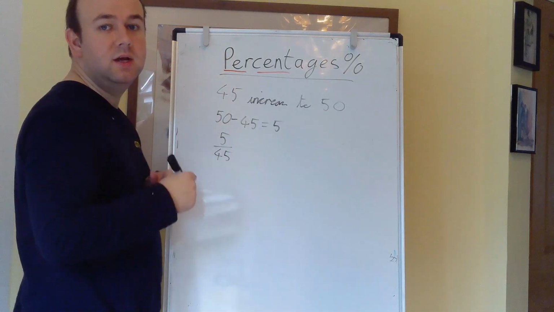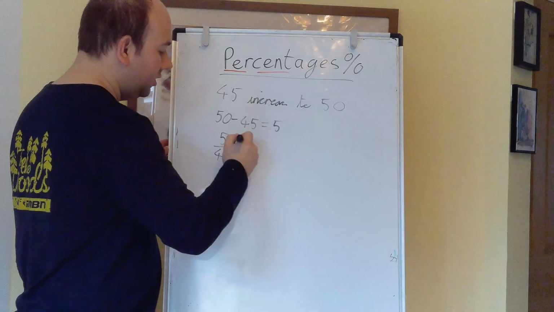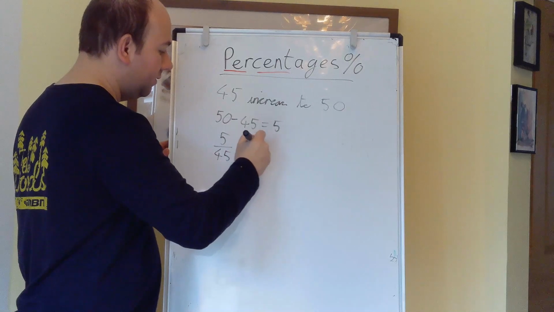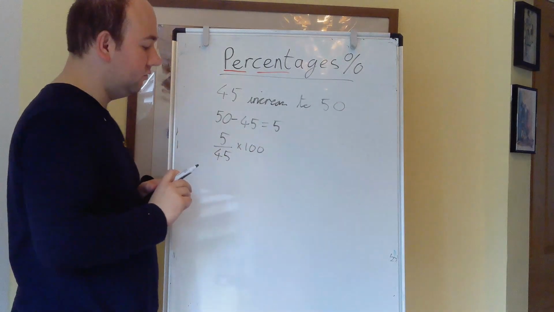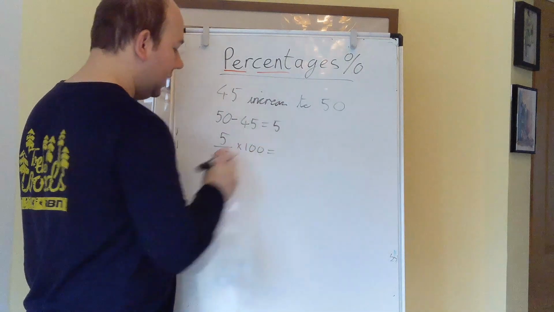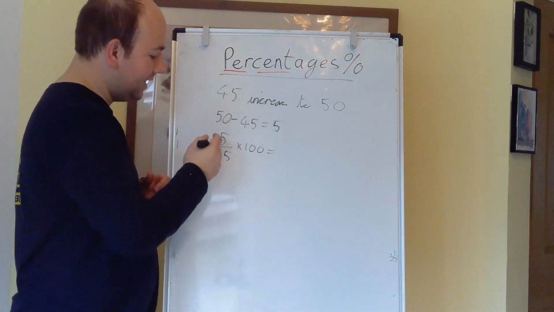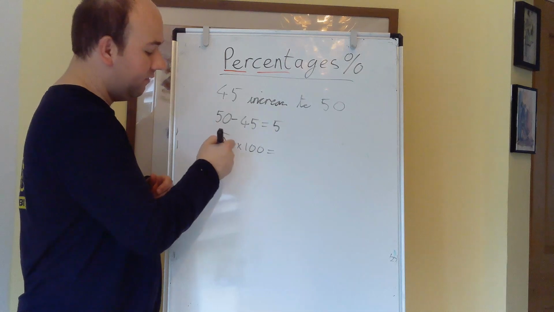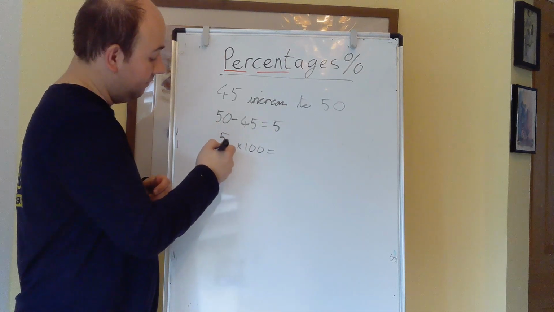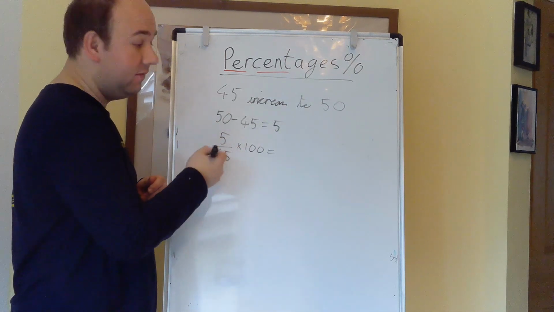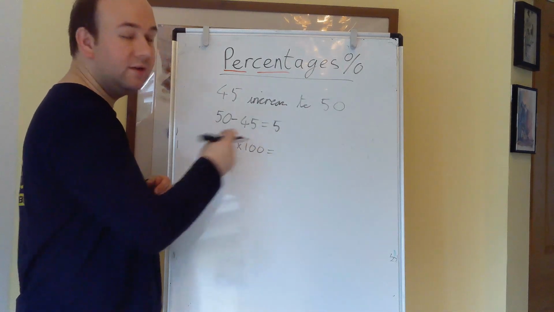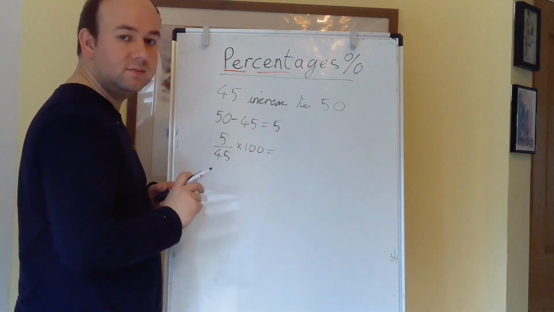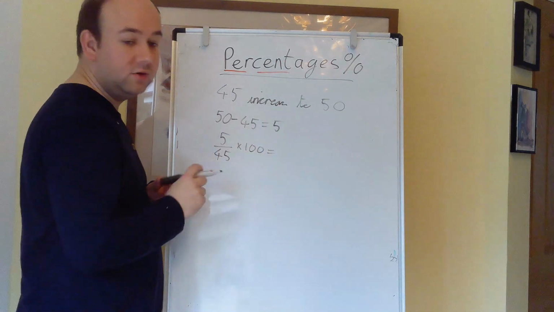So this is the fraction. And to turn it into a percentage, we just multiply by 100. We could simplify this down again. 5 goes into 5 once, 5 goes into 45 9 times, so that's 1/9 times 100.